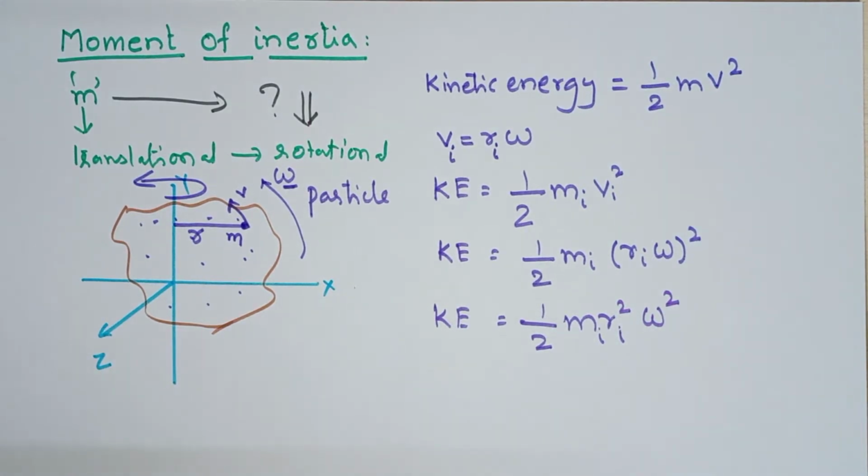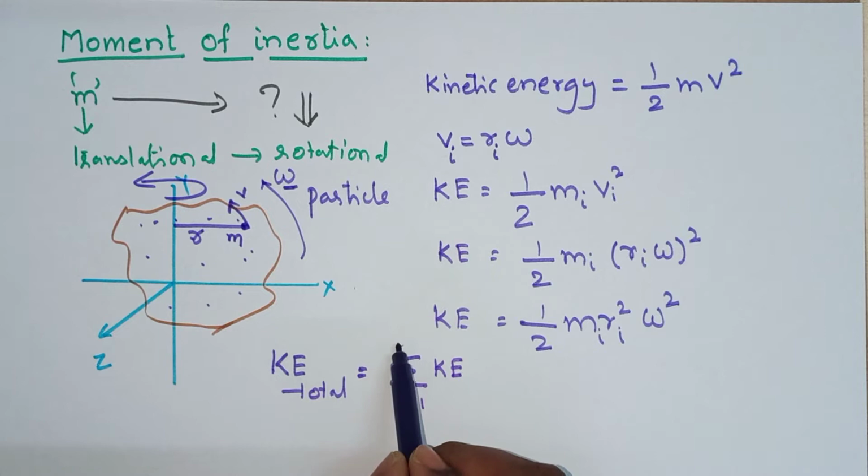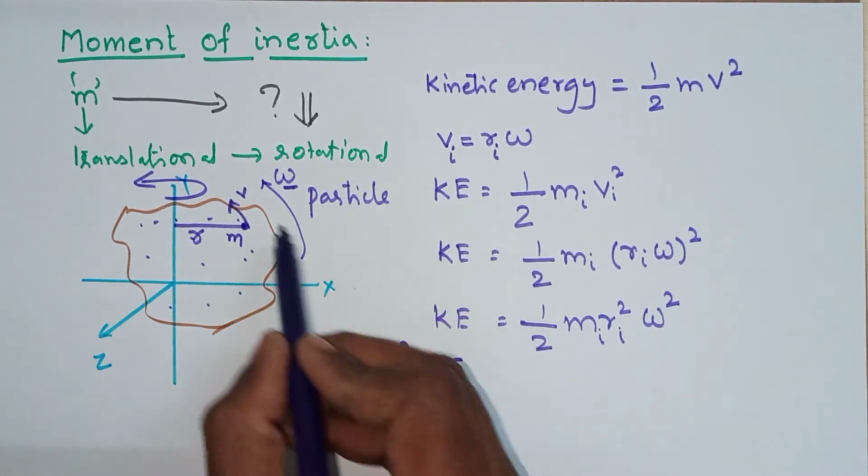Now if you want to calculate for the total system, with many particles considered, the total kinetic energy is the summation over the kinetic energy of the single particle, for i equals 1 to n, where n is the number of particles.